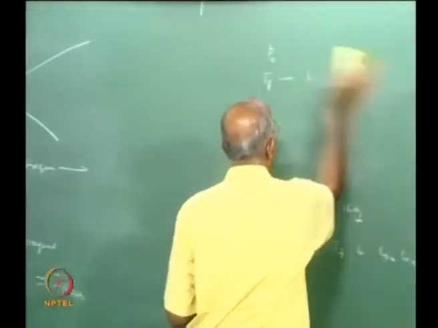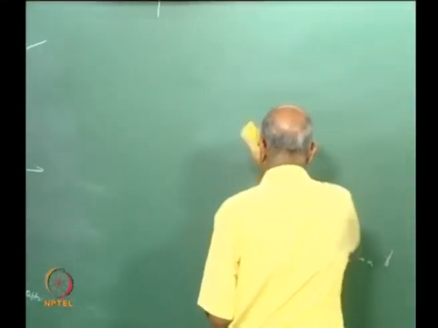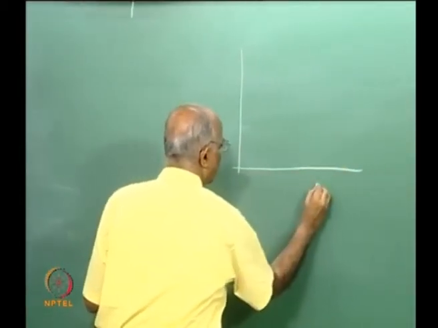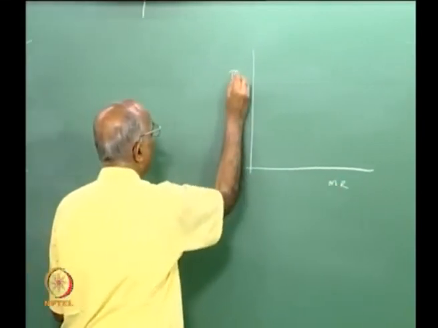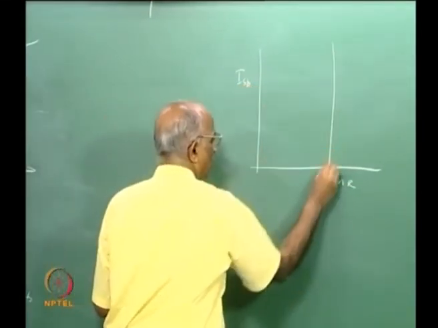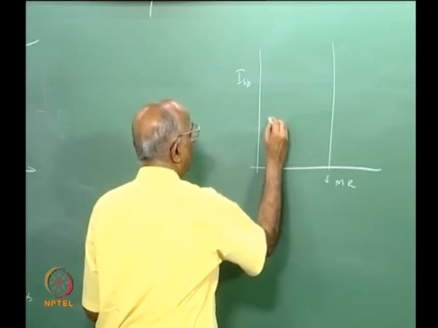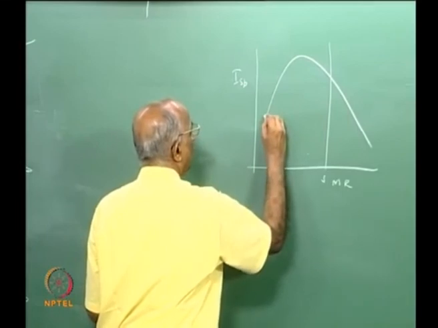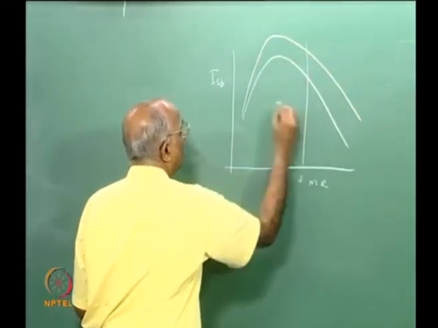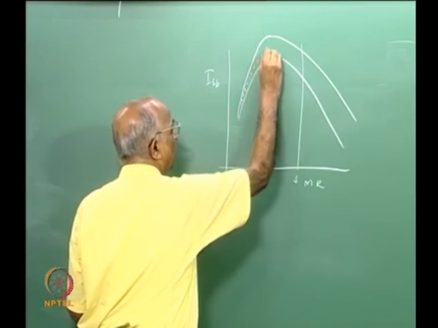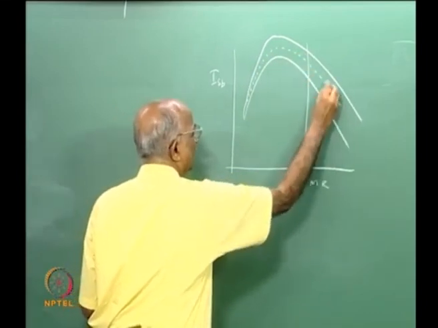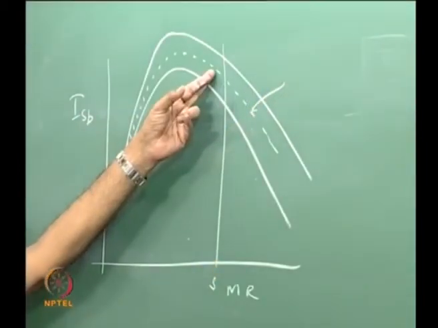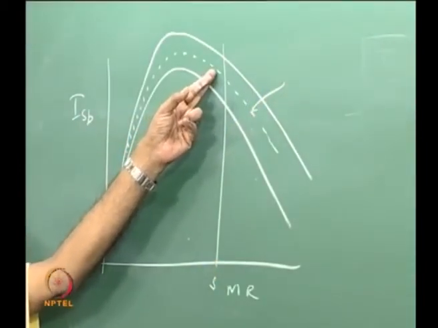Let us make a last plot of specific impulse versus mixture ratio. This is my stoichiometry, this is the fuel rich region, in the fuel rich region I will get the maximum. This is for frozen flow, for equilibrium flow maybe I will get a higher value, and the actual will be in between the two, and this somewhat matches with equilibrium flow in the convergent followed by frozen in the divergent.